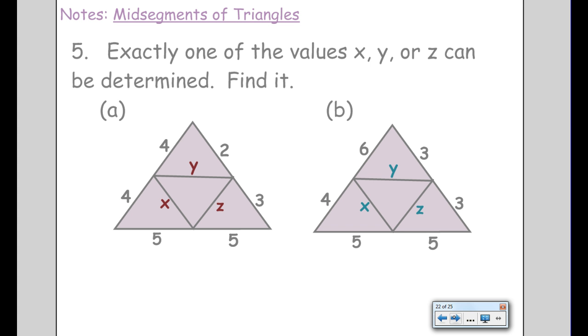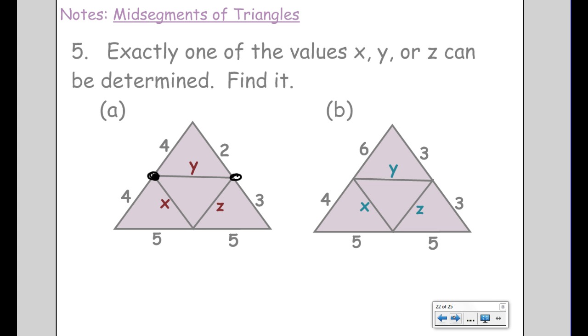John says Y. Who else has a vote? Only one of these is a true midsegment by the definition. Which one is it? You say it's Y. You're totally wrong. Who's got another idea? Let's find midpoints, guys, because a midsegment connects midpoints. Is this a midpoint? 4 and 4.